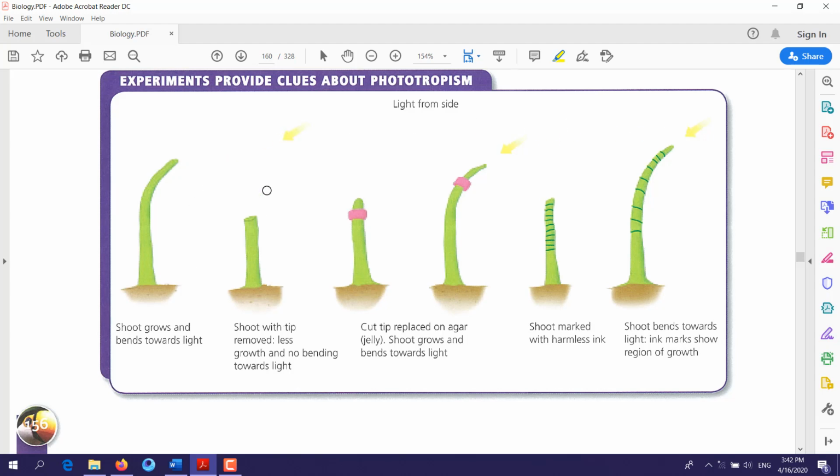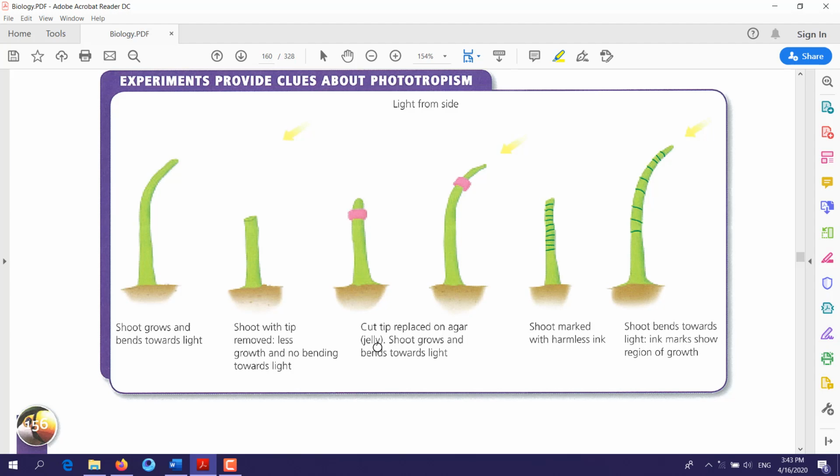Then they cut the tip of the shoot. When they cut the tip of the shoot, they saw the plant was not growing anymore. Now the tip that they cut, they replaced on agar jelly. What do you mean by agar jelly? It's like a medium they used to make organisms grow.